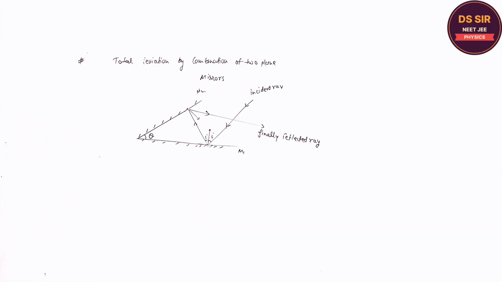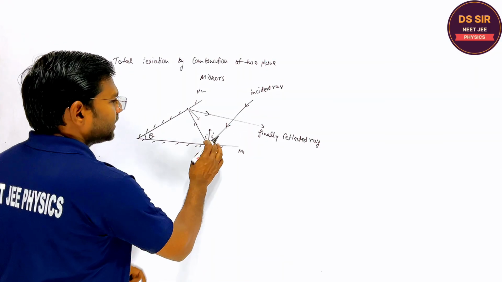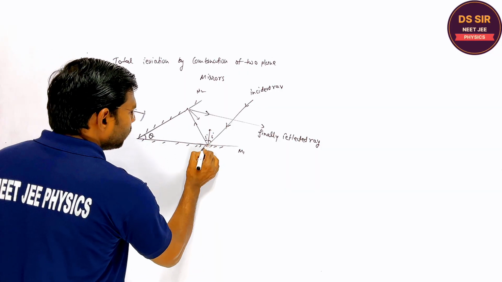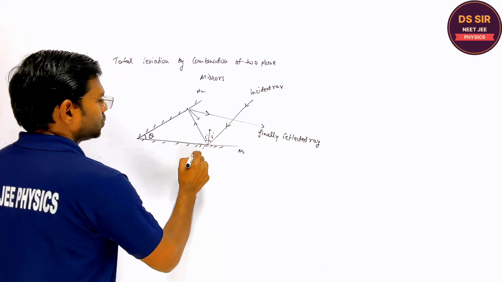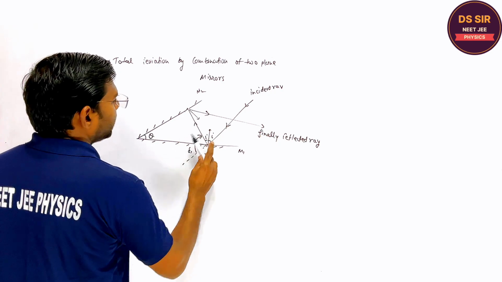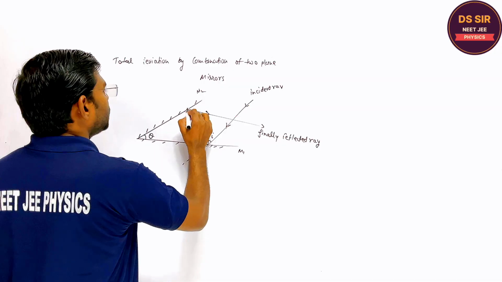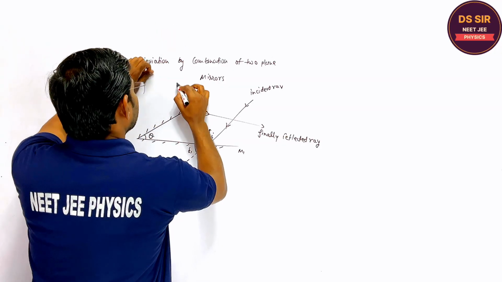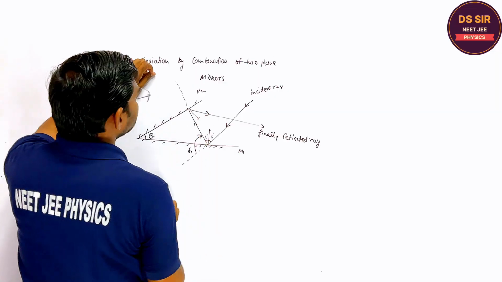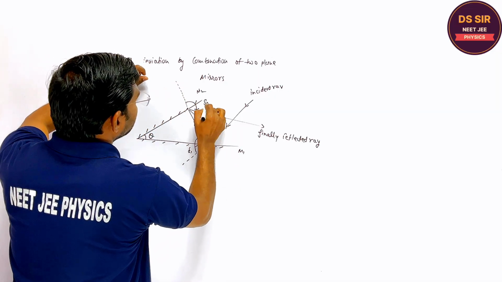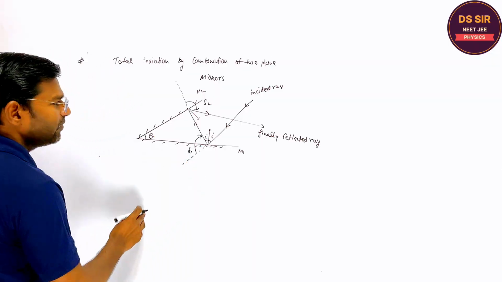Copy this first. Suppose the incident angle is I. So it should move in this direction. This is the one deviation, delta 1. And then after this it should go in this direction, but now it has moved to this, delta 2. So what is the total deviation?